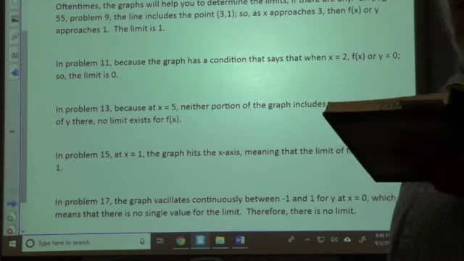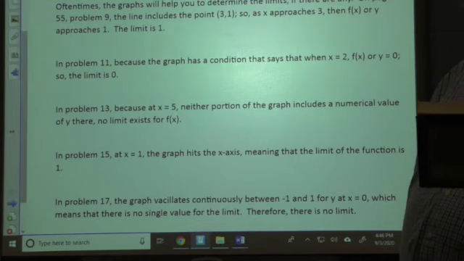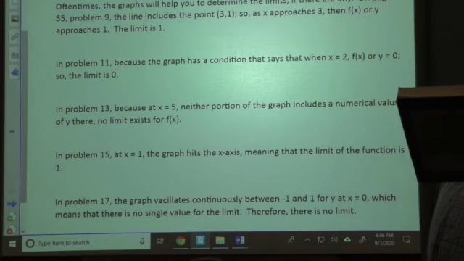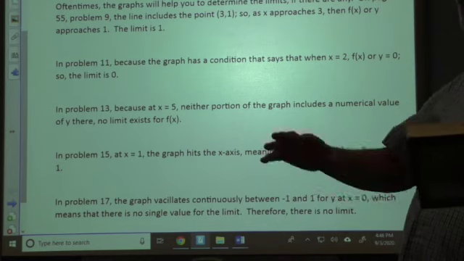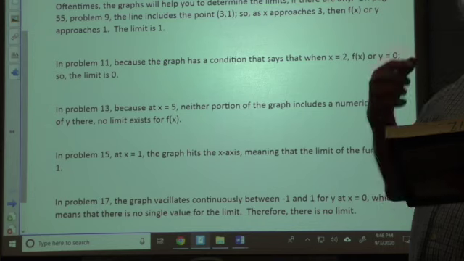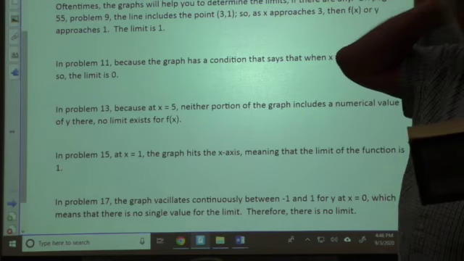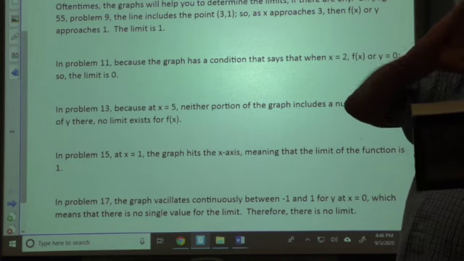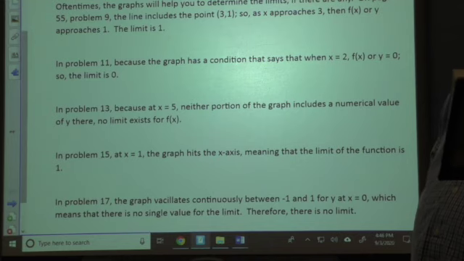Now, number 16, you have to be looking at what it's asking for there. Again, it's the limit of the sine of pi times x. But they give you the graph, so you don't have to worry about it. You can punch that in your calculator and see what you get. But you're going to get a sine curve wave. But since you're looking particularly at the point x equals 1, there is a point there on the curve at y equals 0.